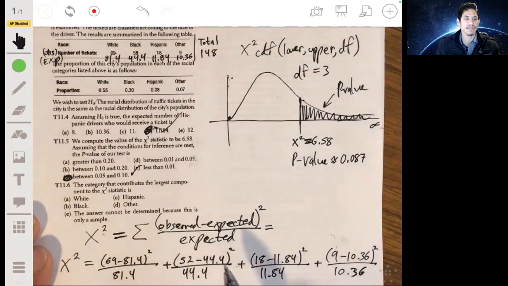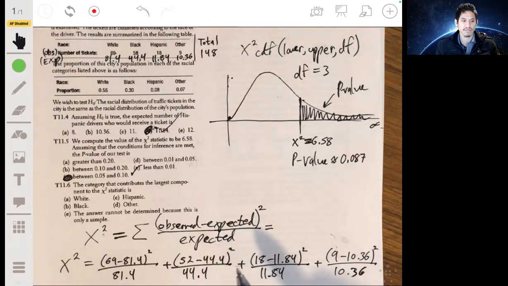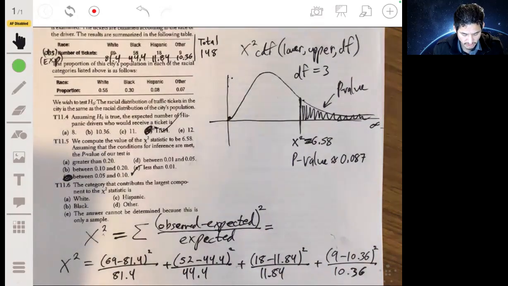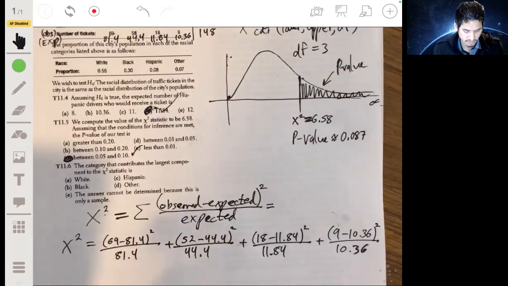You do the math and you want to see which of these gives you the biggest value. I already calculated, so I'm not going to go through it. I'll just show you what you should get, but you should definitely practice doing this in your calculator.